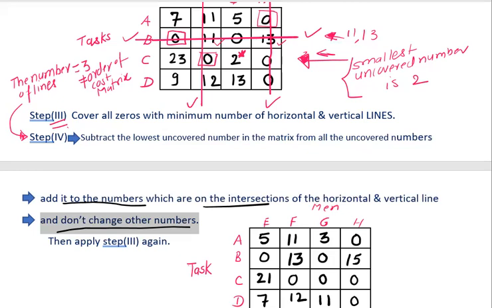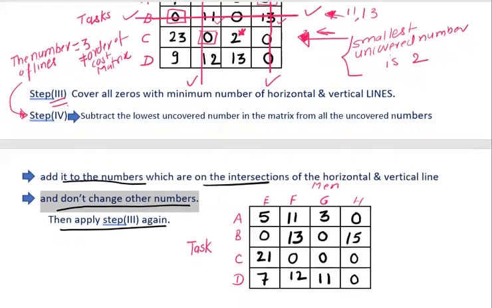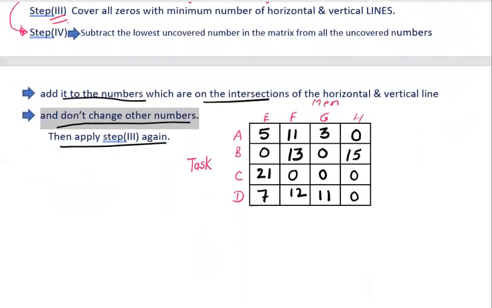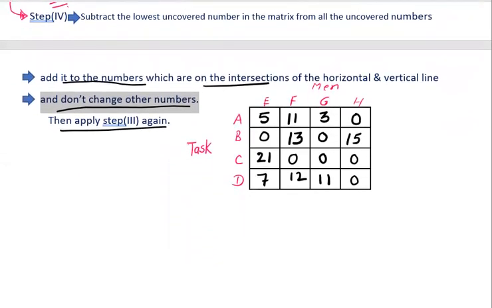Now apply step 3 again. We have to apply step 3 now, because you will get the solution in step number 3 when the number of lines is equal to the order of the matrix.